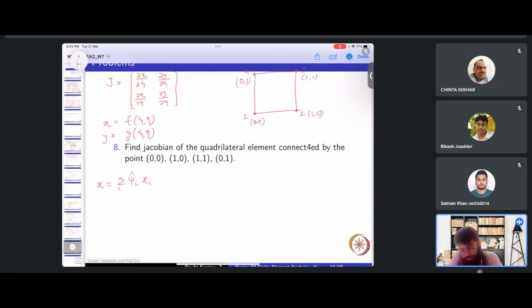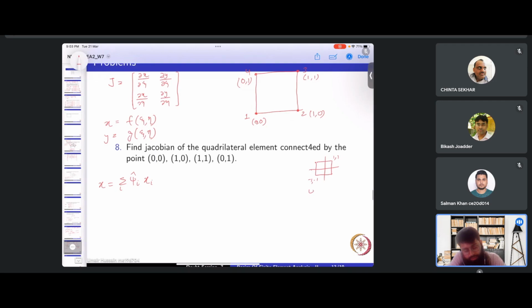Quadrilateral elements, so these are shape functions for the standard quadrilateral element, with coordinates from minus one to one. The standard shape functions are given as: psi 1 is 1 minus zeta by 2 times 1 minus eta by 2, and similarly psi 2 is 1 plus zeta by 2 times 1 minus eta by 2.